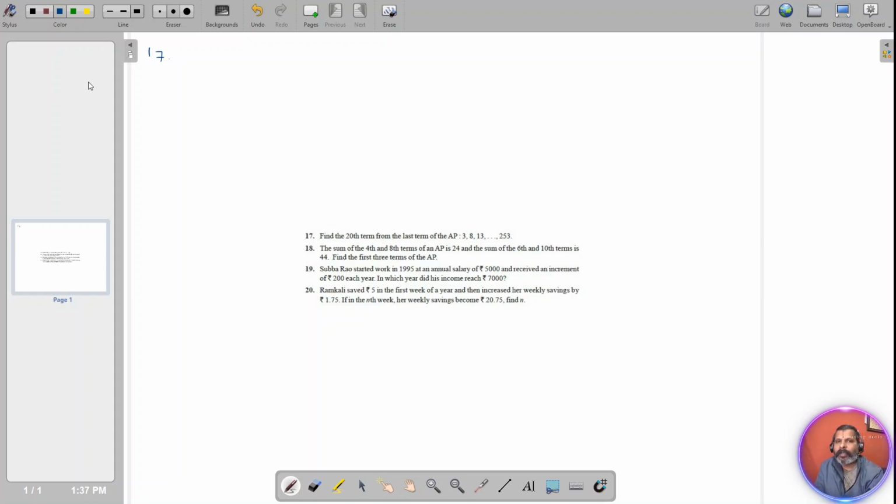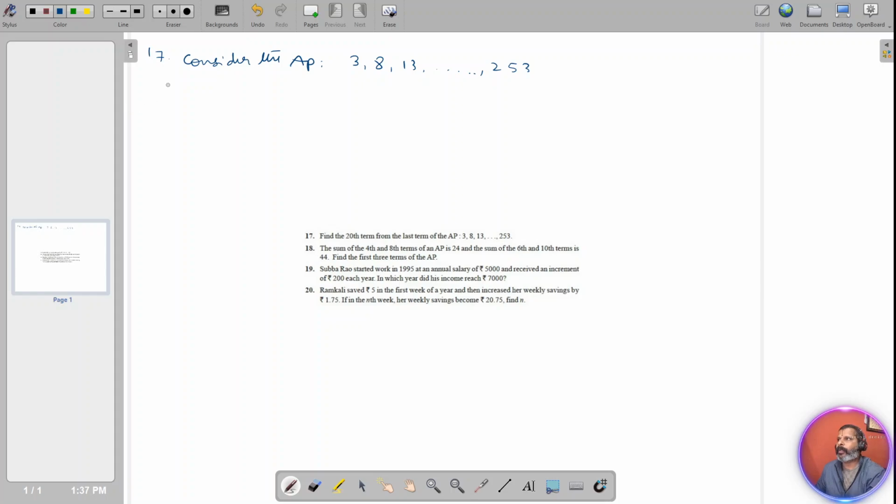Note it here. Consider the AP: 3, 8, 13, ..., 253. Now don't hurry and jump and take a and d values from this AP, because observe the question, we need to calculate the 20th term from the end.